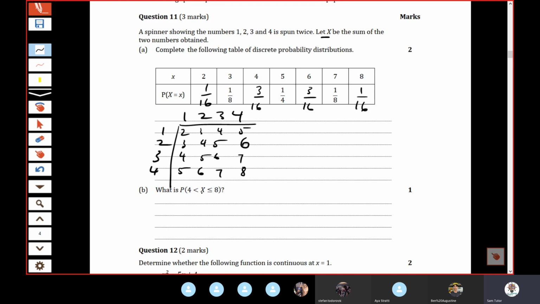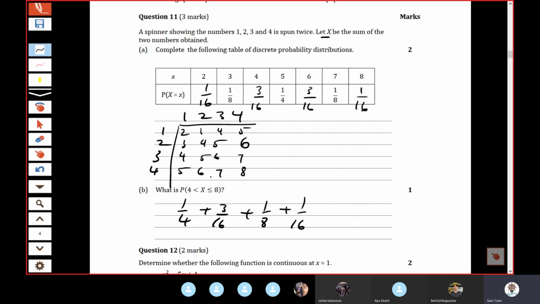And then what is the probability of getting X between 4 and 8? It does not say including 4, right? So that means it has to be 5, 6, 7, and 8. So a quarter plus 3/16 plus an 8th plus 1 on 16, not including 4.